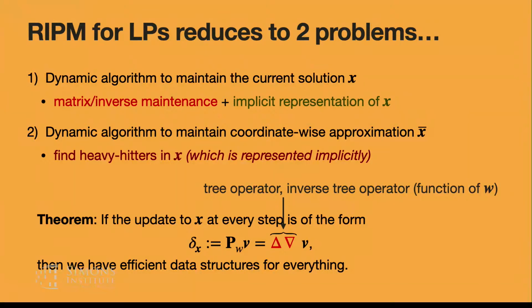So this delta is going to be what we call a tree operator, and the nabla is an inverse tree operator, so one is triangle and one is upside down. And both of them are functions of the weights W from the IPM, because of course, this is a factorization of the matrix P sub W.